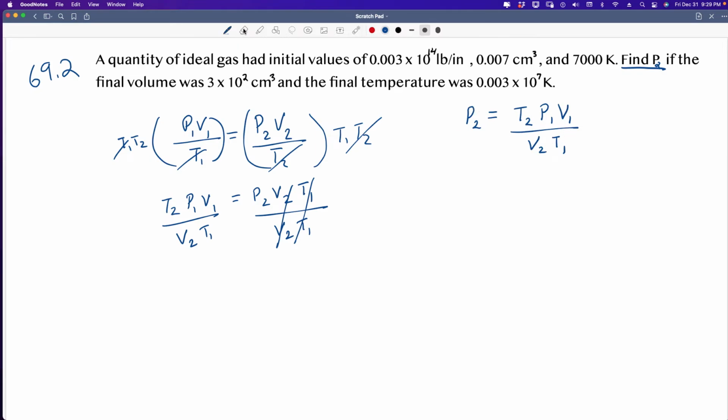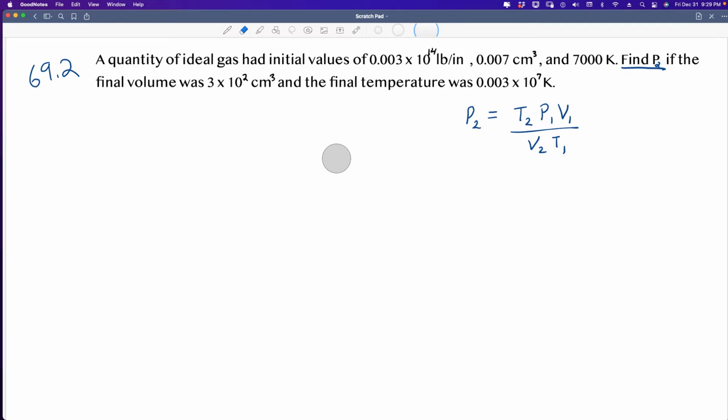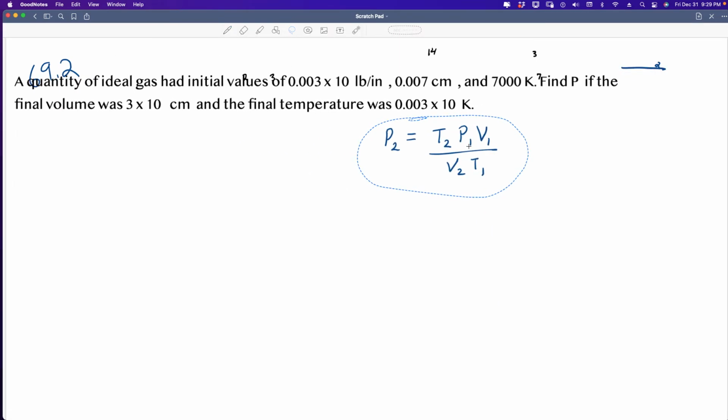All right, pause if you need to. I'm fixing to erase. All right, and I'm going to move this over here.